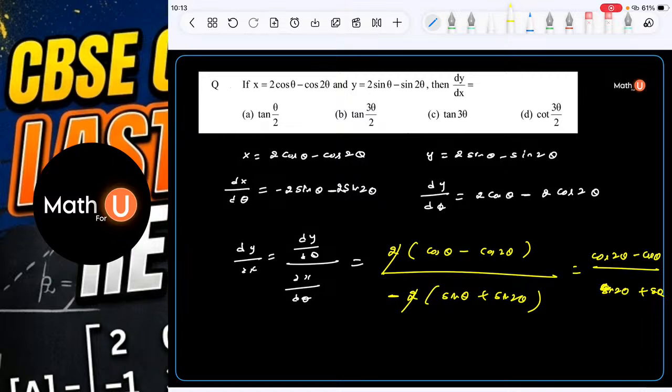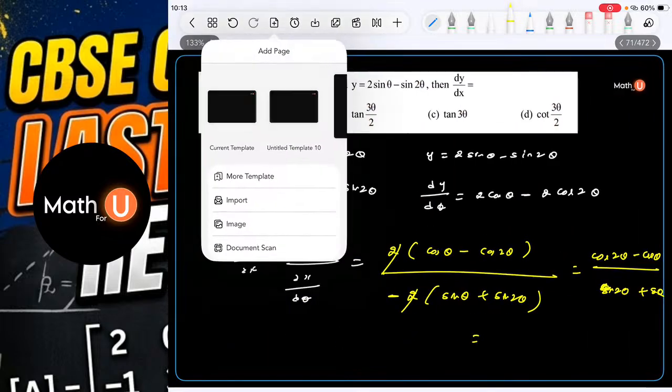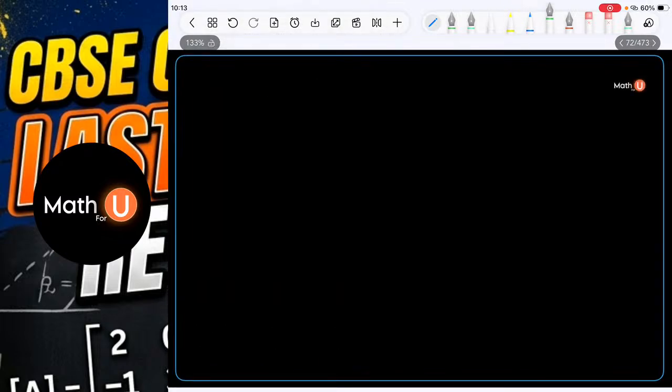Then if you observe properly, you need to apply a formula here. Which formula are we going to use here? The trigonometry formula, which you should apply in the numerator and denominator.